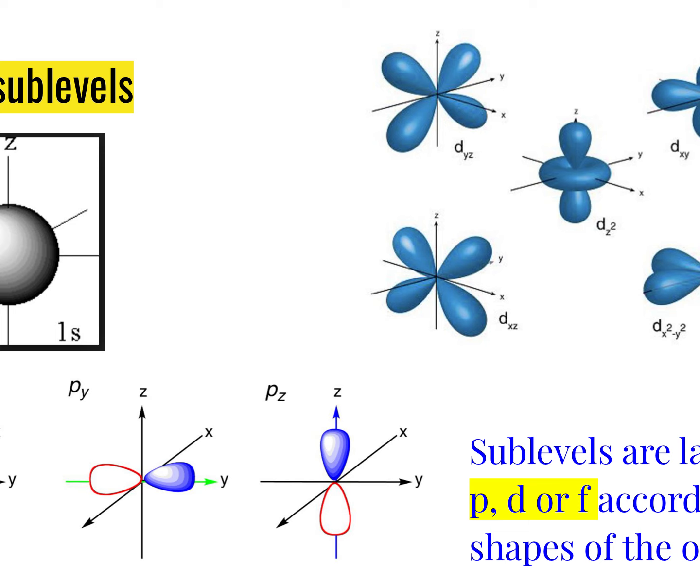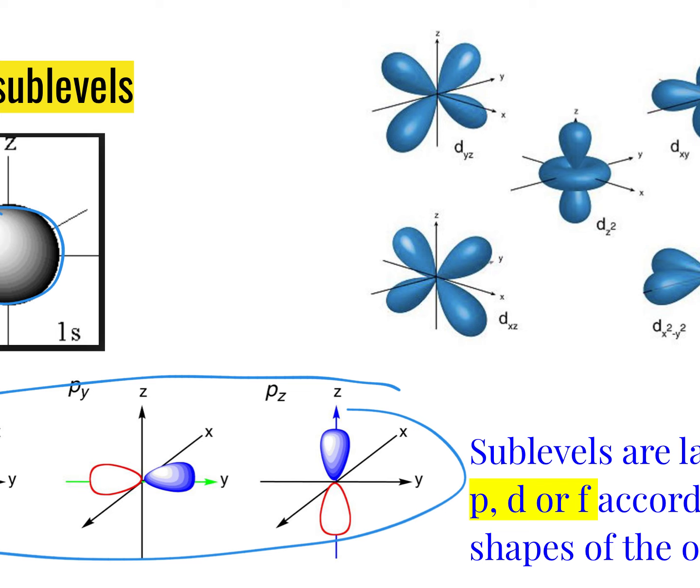There are 4 main types of orbitals that you need to know. We're going to call them SPDF. S is simply a spherical shape in 3 dimensions, like a basketball surrounding the air on the inside. P will be the 3 axes, X, Y, and Z, pointing up, down, left, right, and in, out in 3 dimensions.